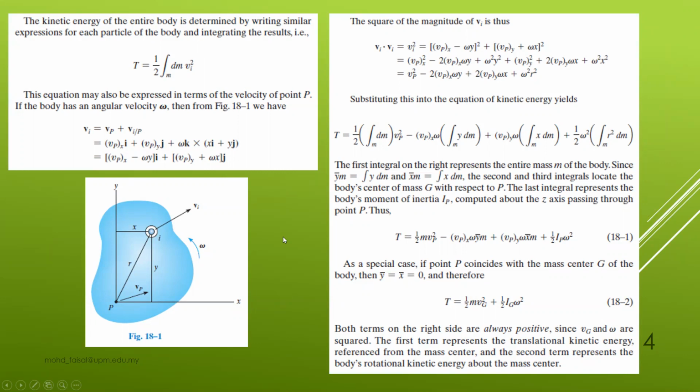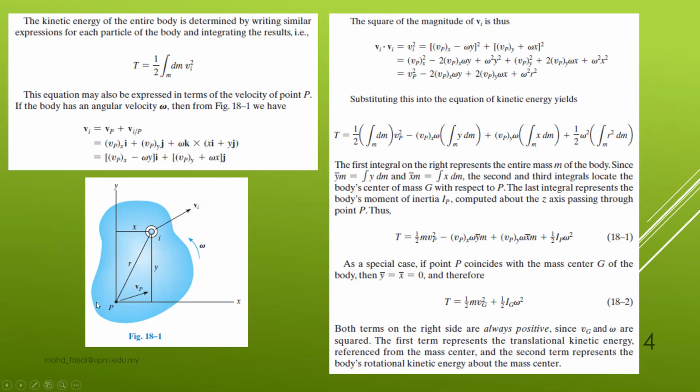Okay, moving on to the real stuff. The kinetic energy of the entire body is determined by writing a similar expression for each particle of the body and integrating the results as shown here. This particular equation may also be expressed in terms of the velocity of a point.